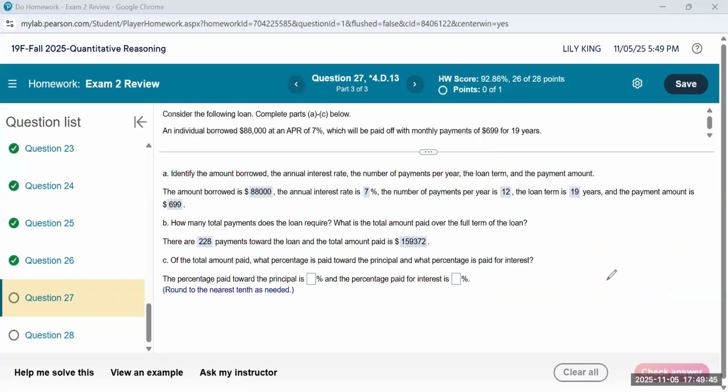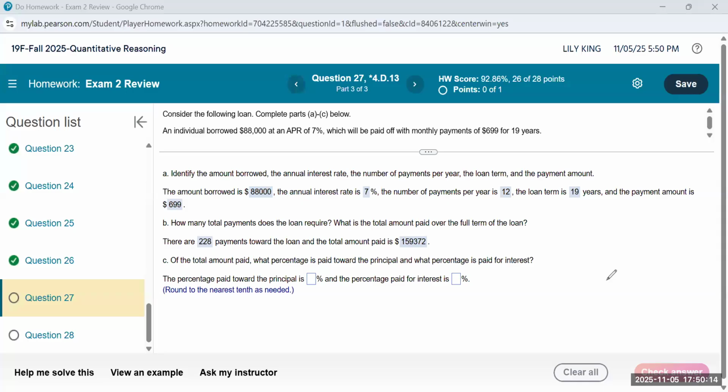We need to figure out the percentage paid towards the principal. If you're able to find one percentage, you can find the other one by subtracting from 100%. So I always ask students to find the percentage paid towards principal first. And if that percentage is right, you just subtract it from 100 to get the percentage paid for the interest.